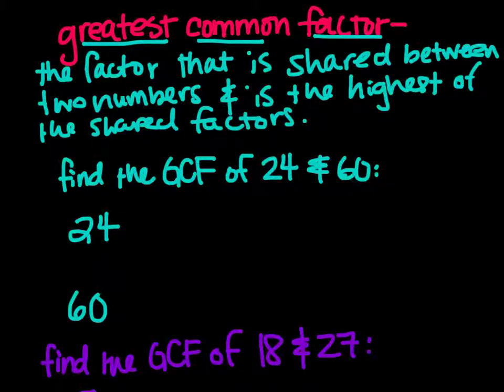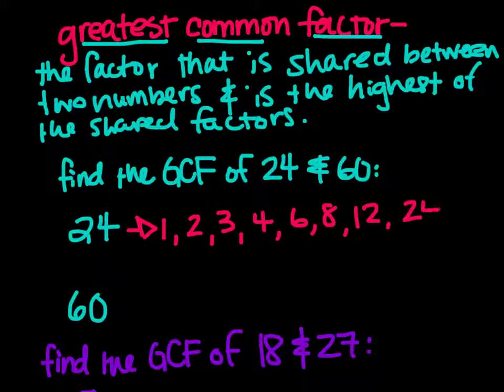Okay, so let's actually find the greatest common factor of 24 and 60. We can do that by doing the factors of 24. We got 1, 2, 3, 4, 6, 8, 12, and 24.